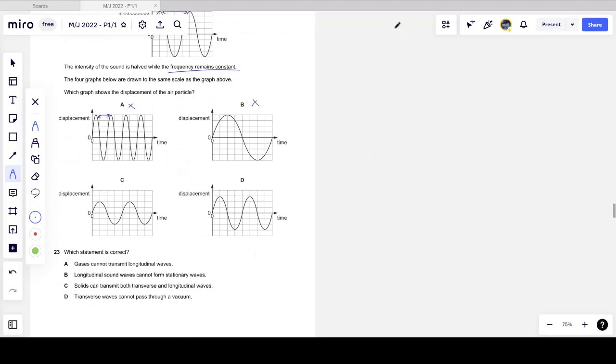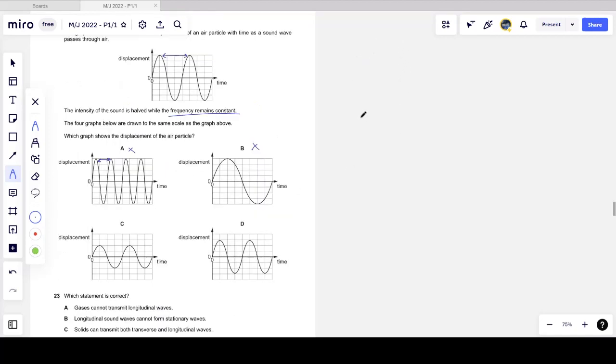So what do I have? Well, I know specifically that the intensity is proportional to the square of the amplitude. So that means the new intensity, I'm going to call it I prime, over the original intensity is equal to the new amplitude over the original amplitude all squared.